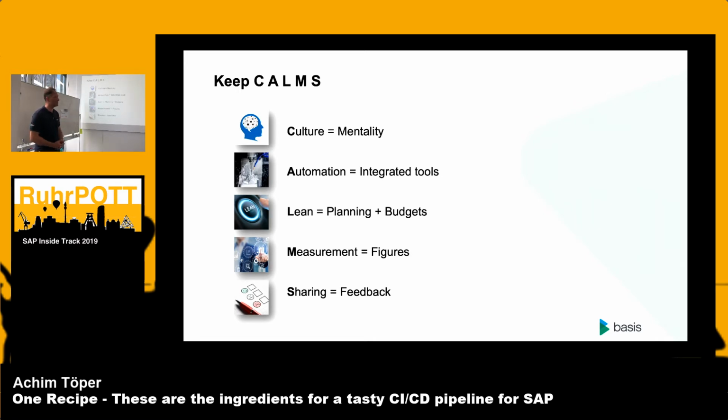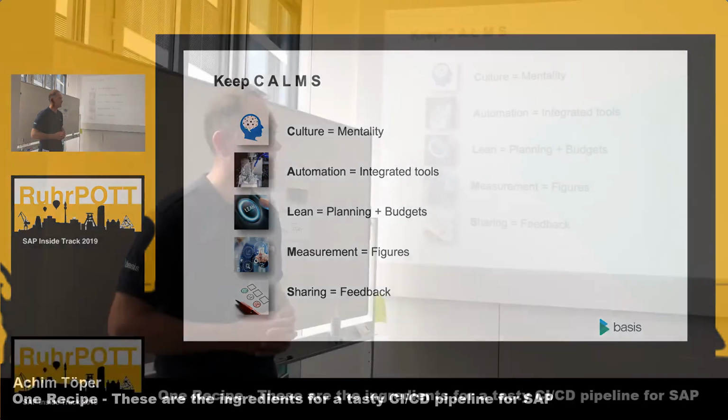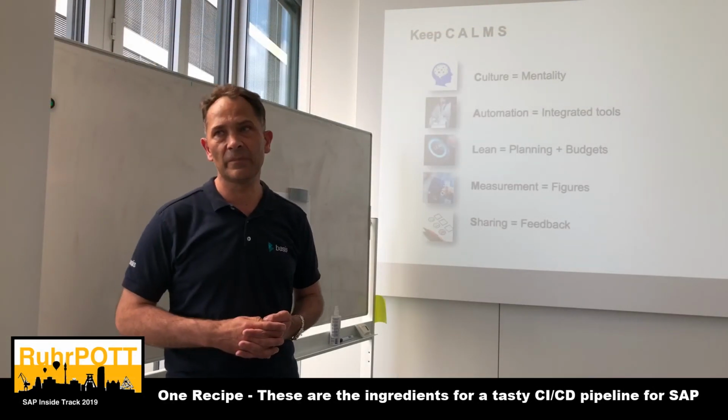Then the measurement, I mentioned the figures, and the KPIs. We'll talk about the KPIs that we have built in our software suite that are available for you to see if there is continuous improvement, and also sharing and feedback. So we built into our software sharing and feedback possibilities.